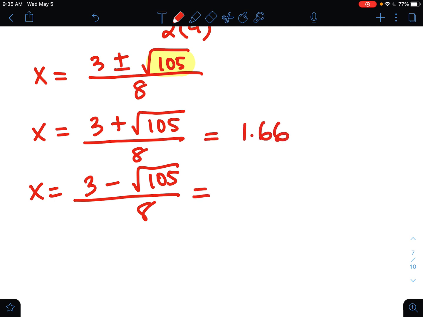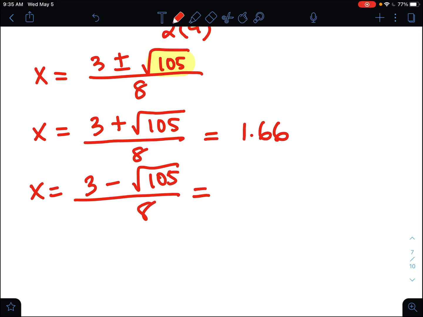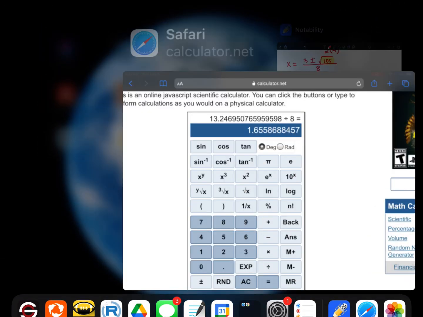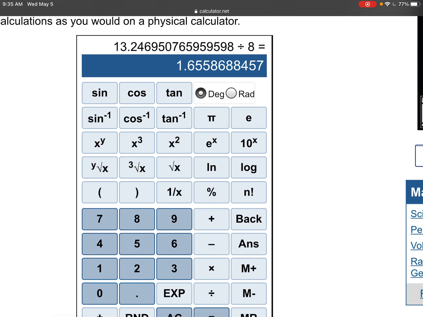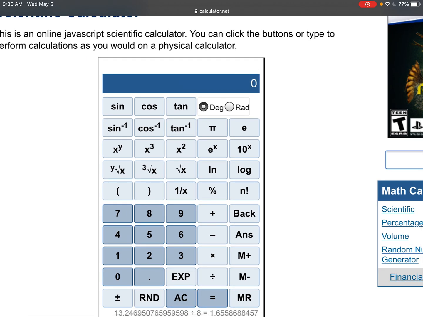All right, so let's do the same thing on the minus approach. 3 minus the square root of 105 divided by 8. Okay, so let's clear that out. 3 minus the square root of 105 equals that negative number, negative 7.24, divided by 8 equals. Oh, I didn't do it. Okay, sorry, I'm not used to using this calculator. 3 minus the square root of 105 equals, divided by 8.